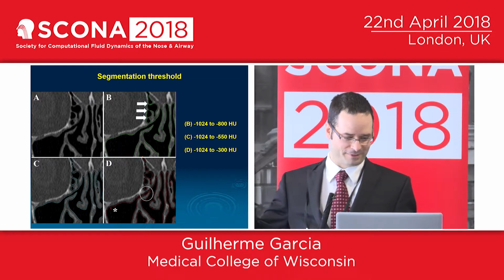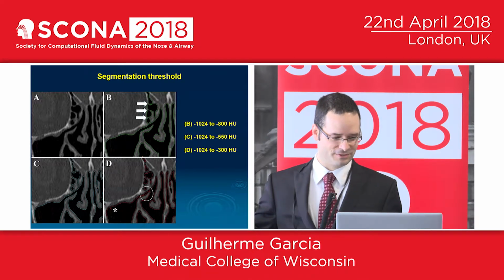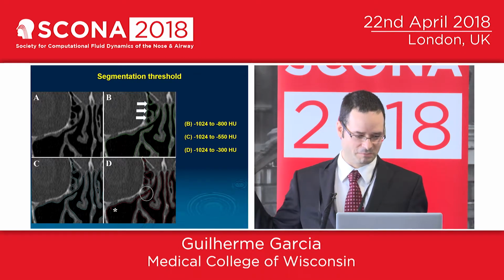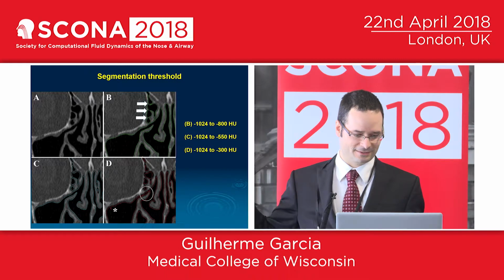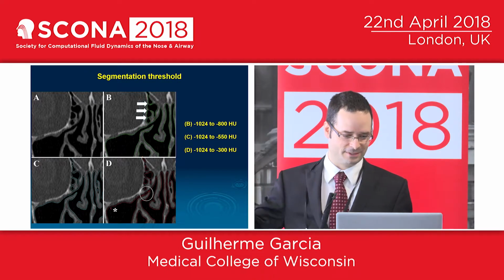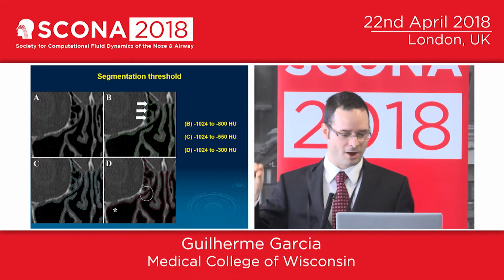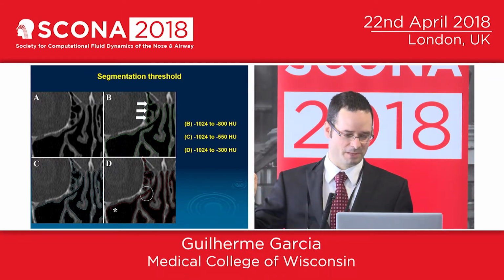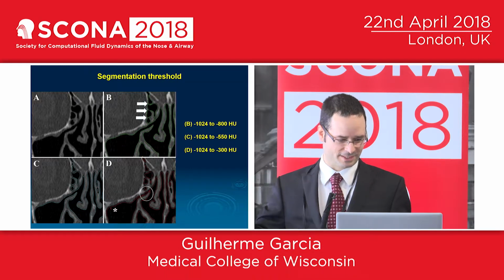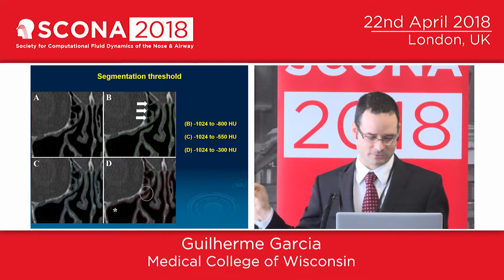Looking from afar, it doesn't look that different, but then you can see on panel B that the white arrows are pointing to the region where the small walls that separate the sinuses are not being properly reconstructed with the minus 800 range.